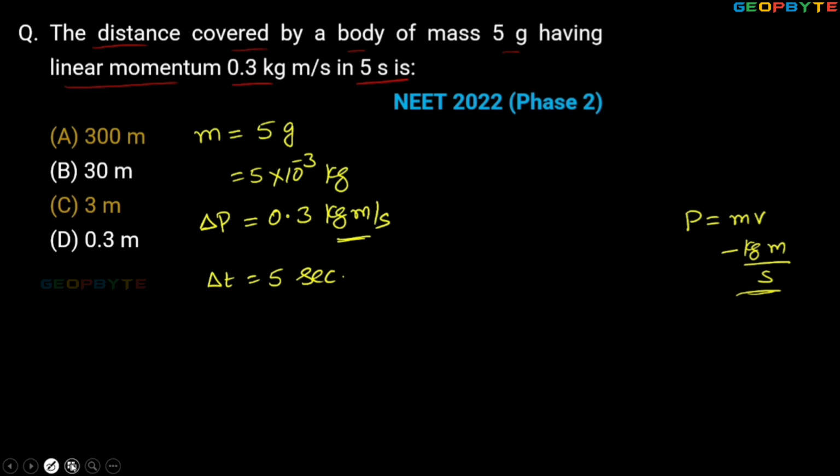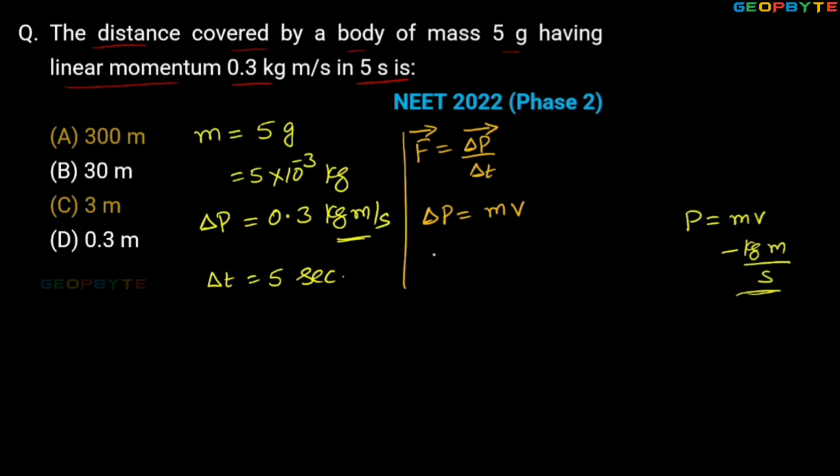For that, as you know, force F equals delta P by delta T, or F bar equals delta P bar by delta T. From this, delta P equals product of mass and velocity.